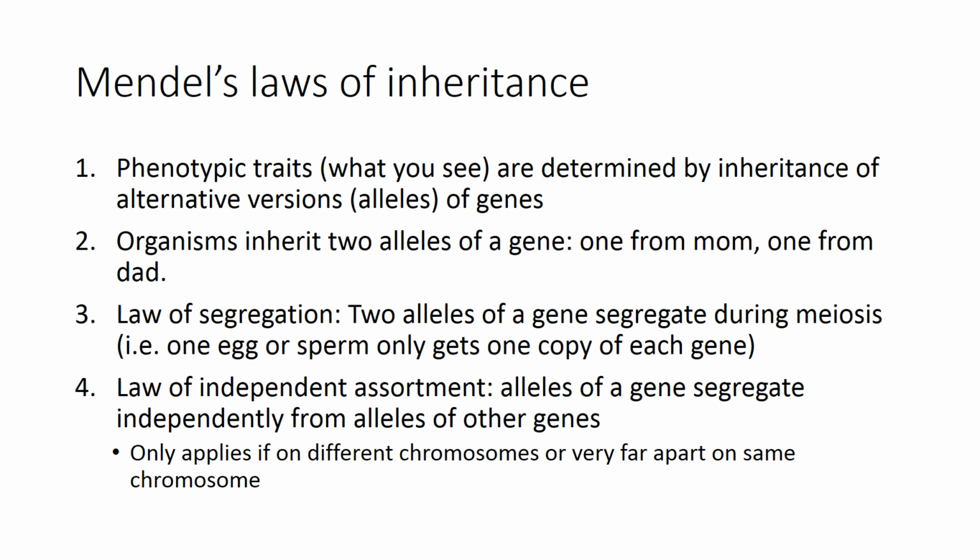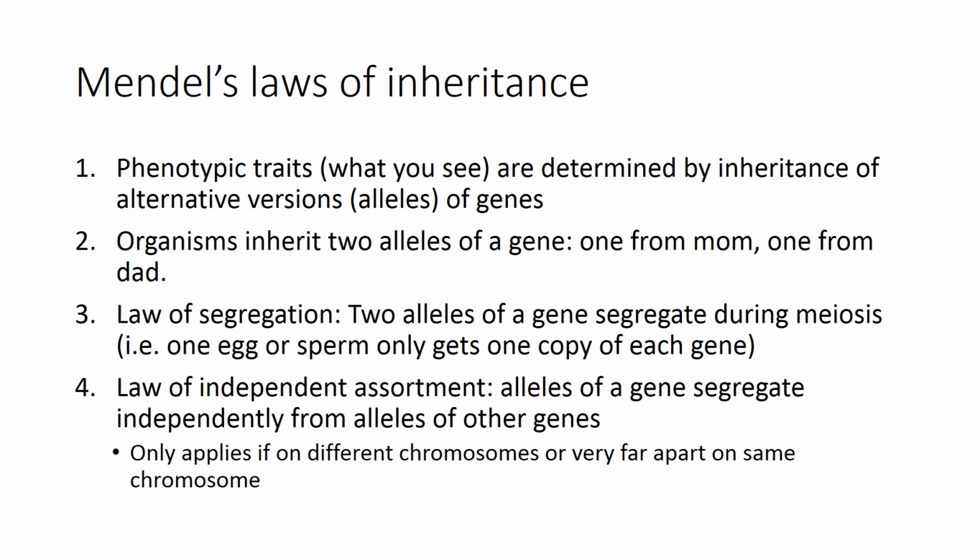The law of segregation: the 2 alleles of a gene segregate during meiosis, meaning one egg or sperm only gets 1 copy of each gene. And that's true because you only get 1 copy of each chromosome in that gamete. And then the law of independent assortment is that the alleles segregate independently from alleles of other genes.